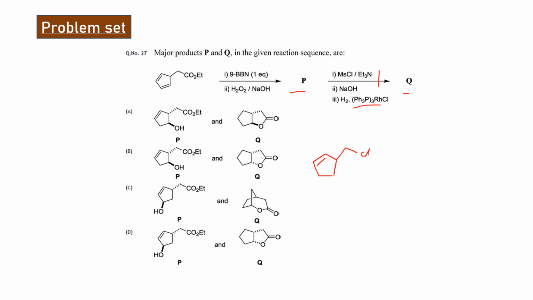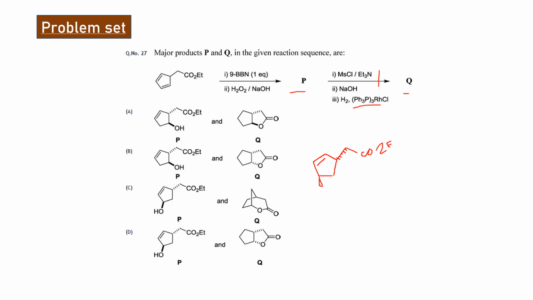So in presence of 9-BBN, if you consider this from below the plane as represented in the answer, 9-BBN will approach from above the plane and in a syn manner.